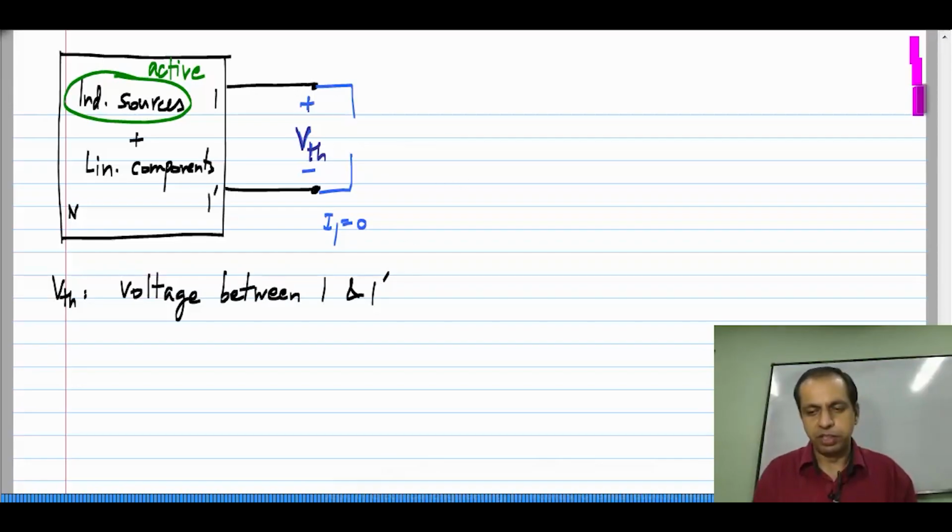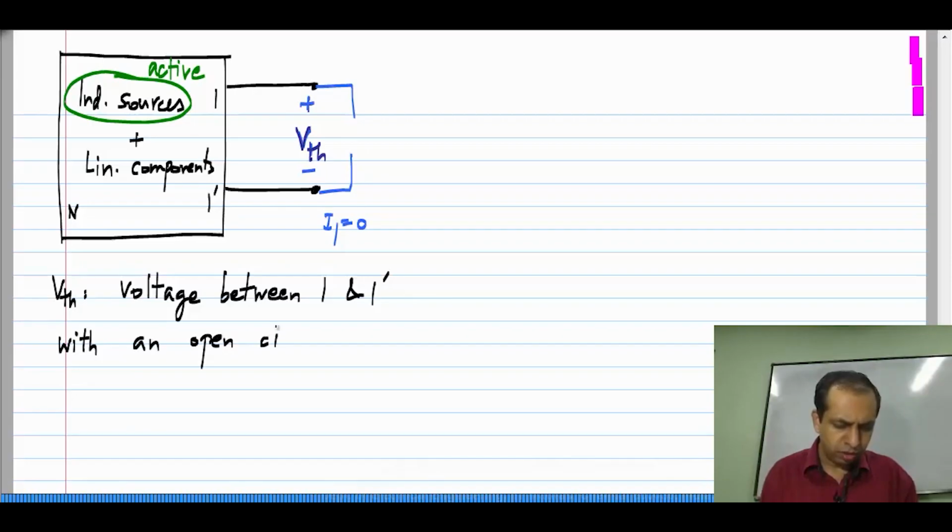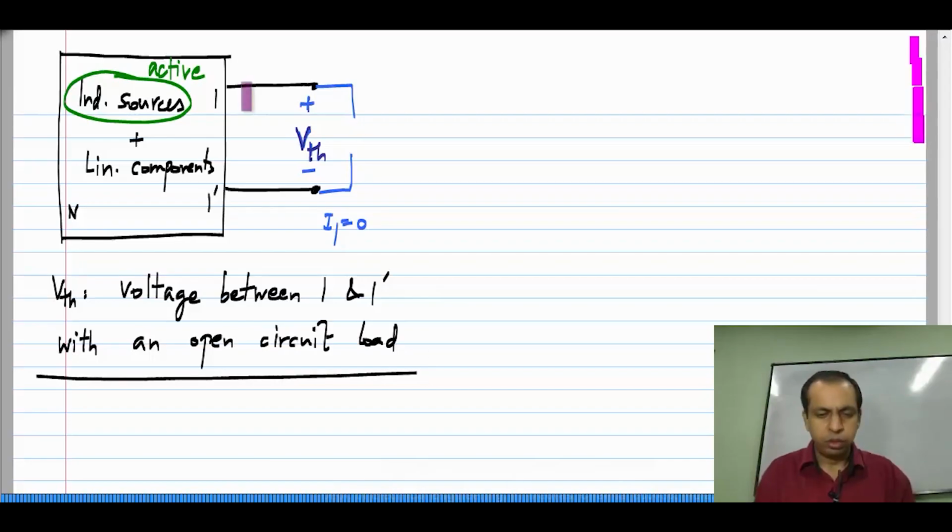Of course, when you specify a voltage, you also specify the polarity. You have an open circuit between 1 and 1 prime, that is, you can think of it as an open circuit load, it is not loaded at all. And then measure the voltage across this with the independent sources in the circuit being active.